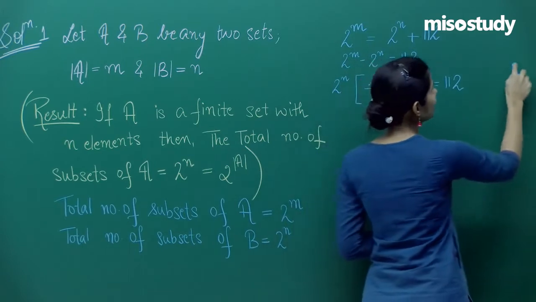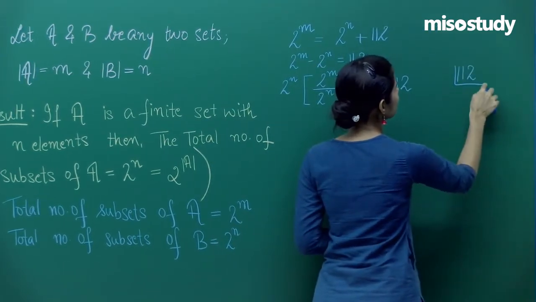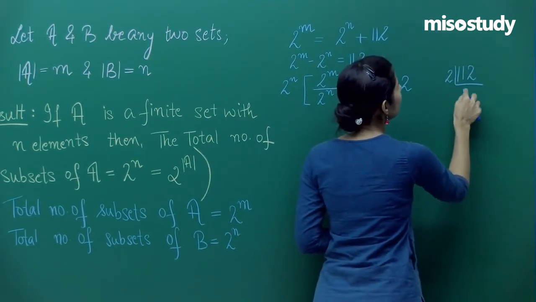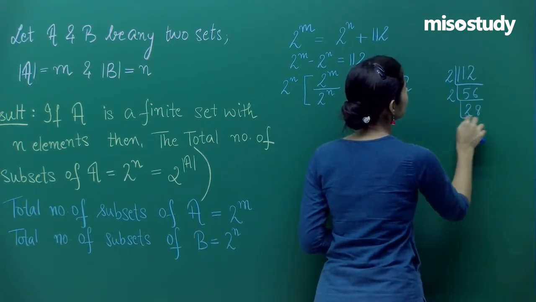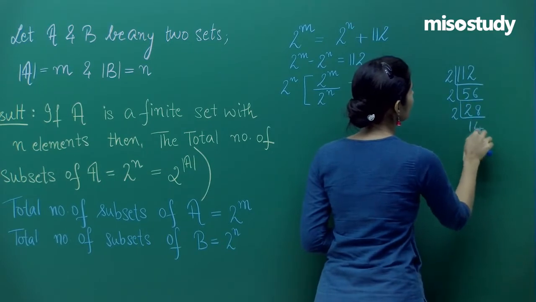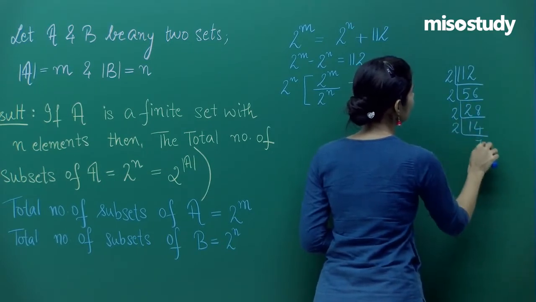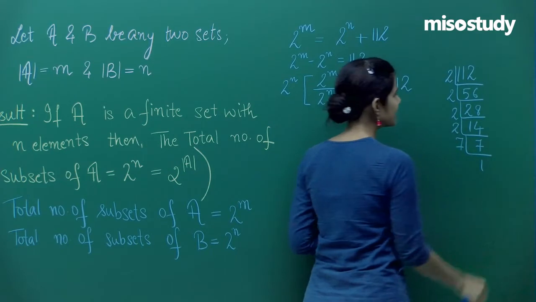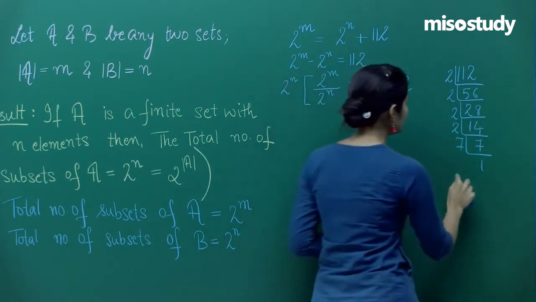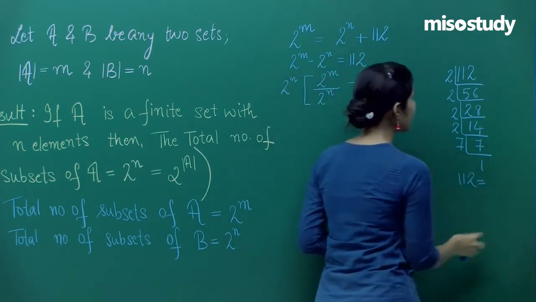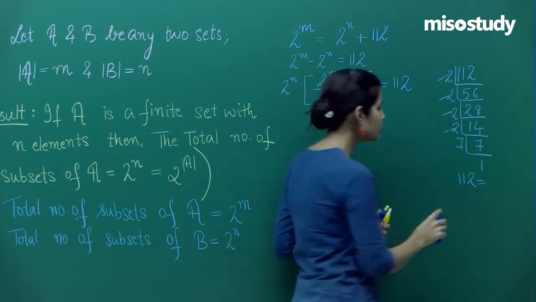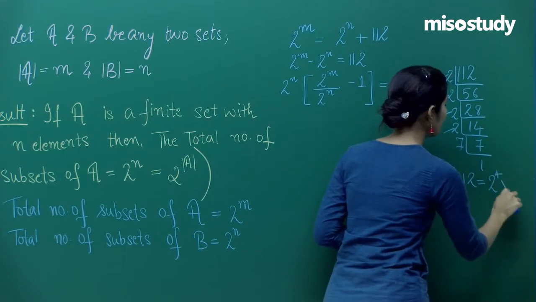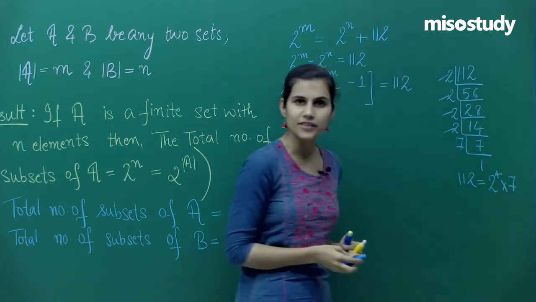If I try to factorize it right here, we know 2, 56, then again you can factorize it, then again, and in the end you get a 7. And therefore 112 can be written as 2 to the power 4 multiplied by a single 7.